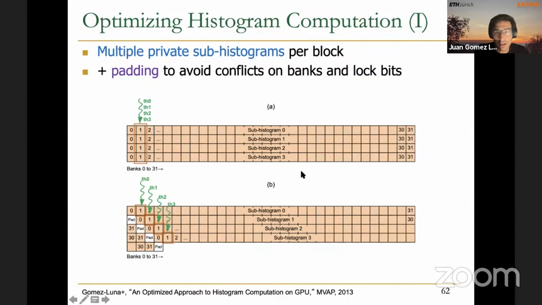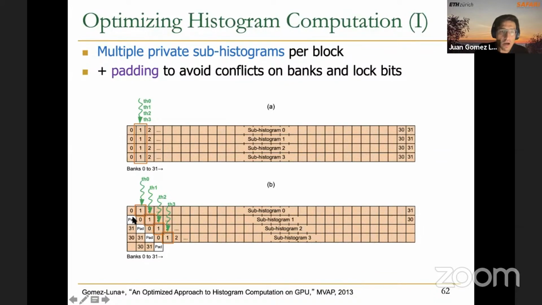Actually, in this particular configuration, if these 4 threads have to update the same bin in the corresponding subhistogram, they would be accessing bins that are stored in the same bank. So we have bank conflicts here, and we may also have log conflicts as well. So one idea we had was using simple padding after each subhistogram.